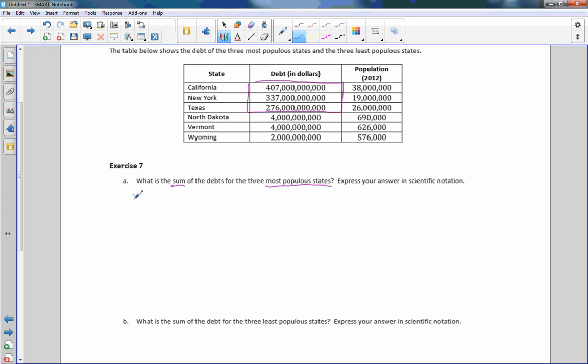So one way I can do this is 407, and there are 9 zeros. So if I just copy these down, and then it's 337, and then 276.